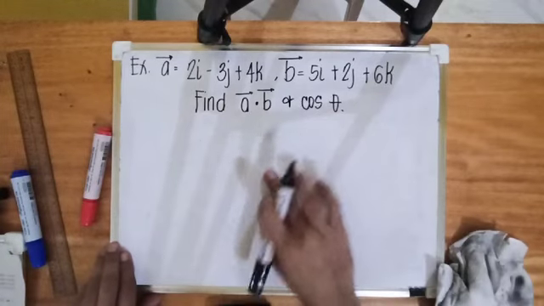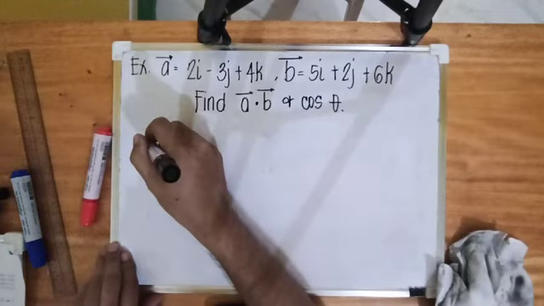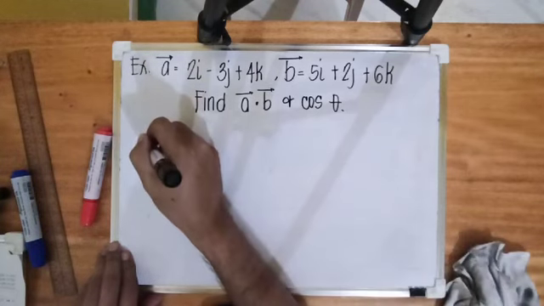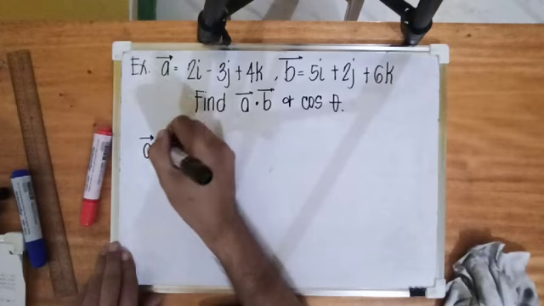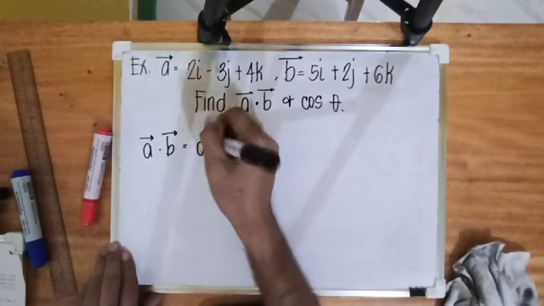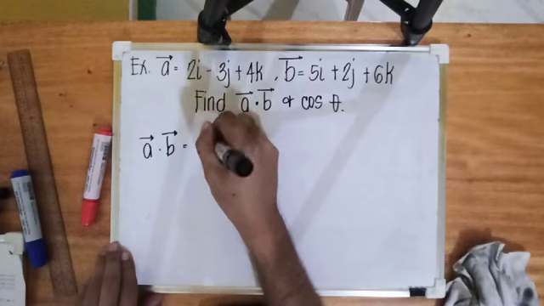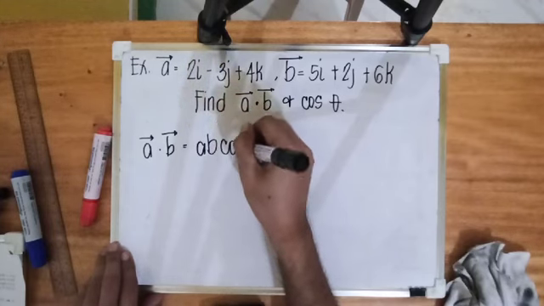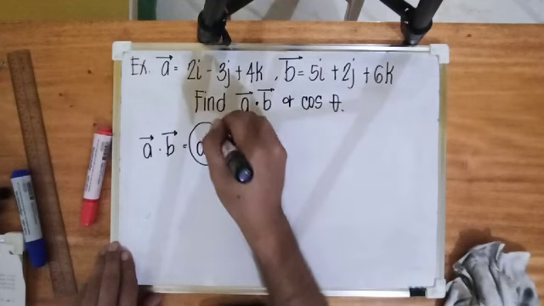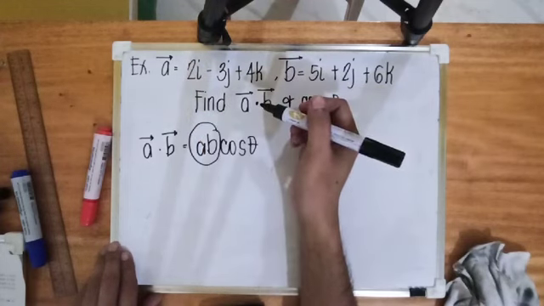For the value of our cosine theta, we have our formula: the scalar dot product is equal to the magnitude of the two vectors times cosine theta. So hanapin muna natin itong magnitude ng ating dalawang vector.